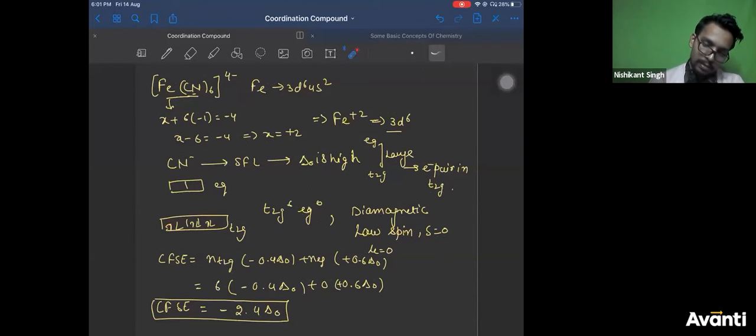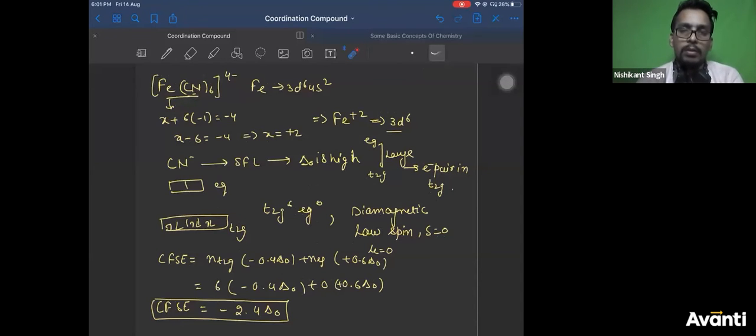Then you will have 3d7 4s1. As we have studied in back pairing, this electron also jumps to 3d, so it will become 3d7. Then you fill 1, 2, 3, 4, 5, 6, 7. Is that clear? But that situation will never come in your case. Don't worry.